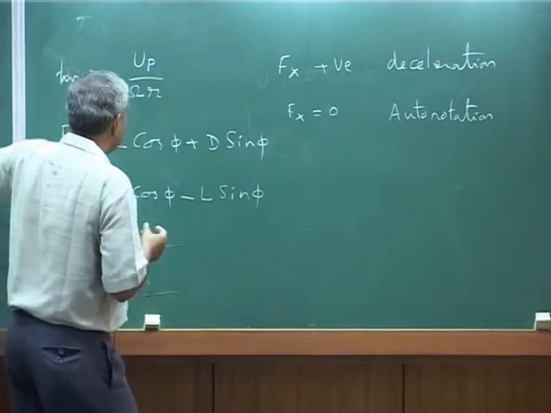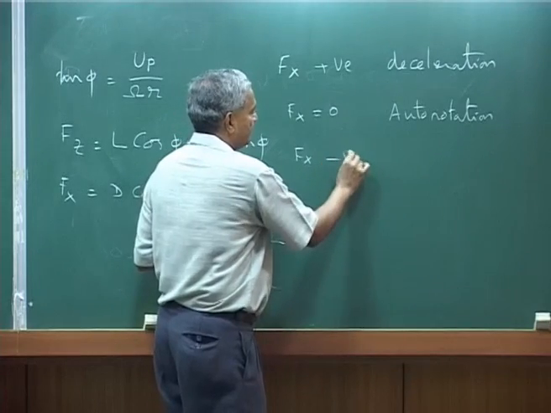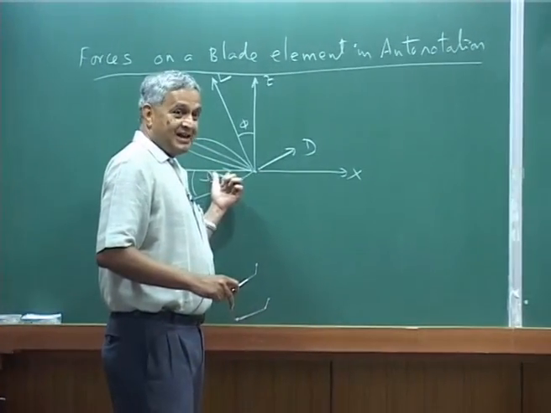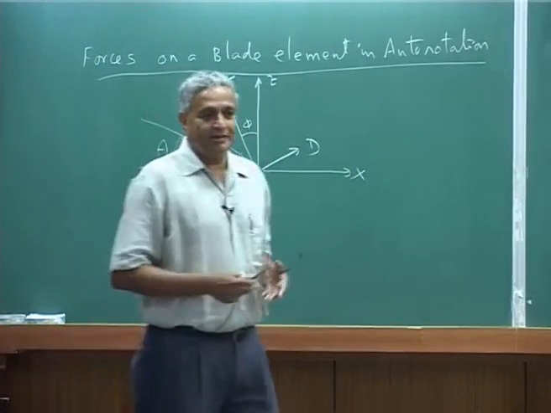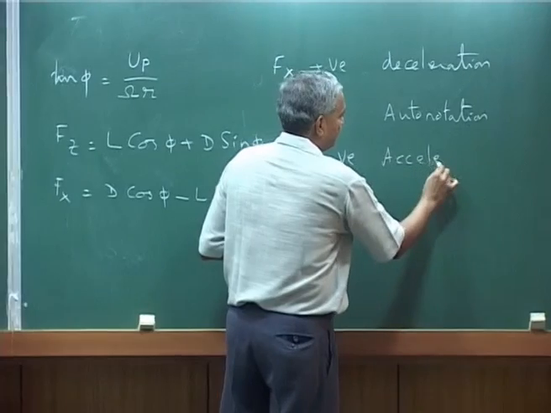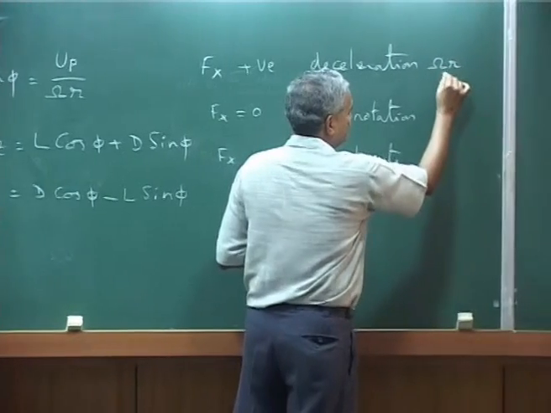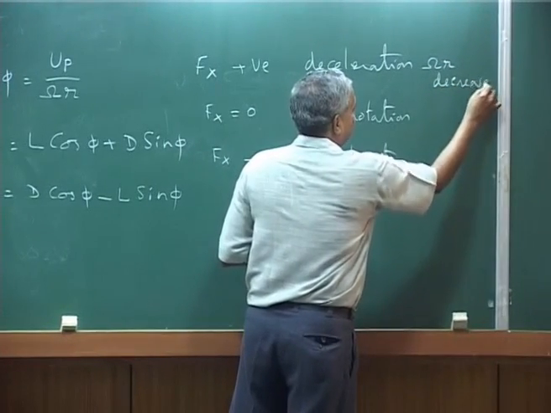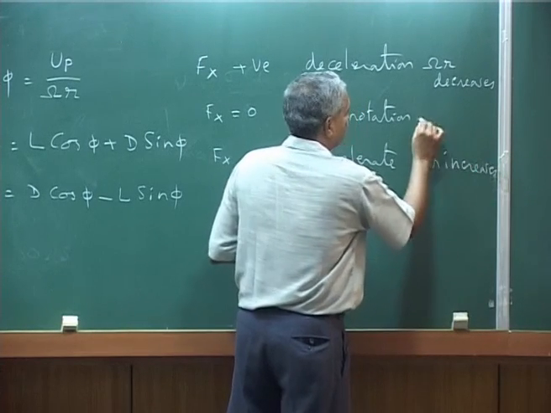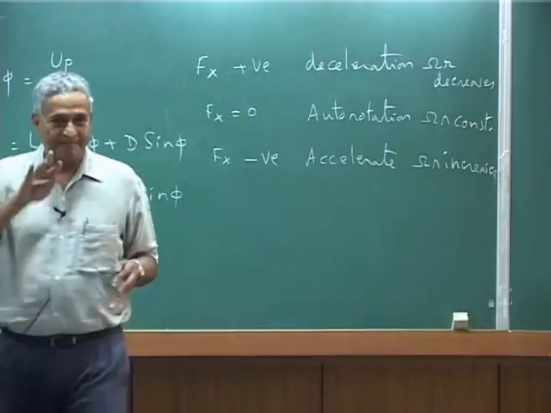That is why I said blade element in auto rotation. And if Fx is negative, then your airfoil will accelerate. Deceleration means omega r decreases, here omega r increases, here omega r constant. That is all 3.